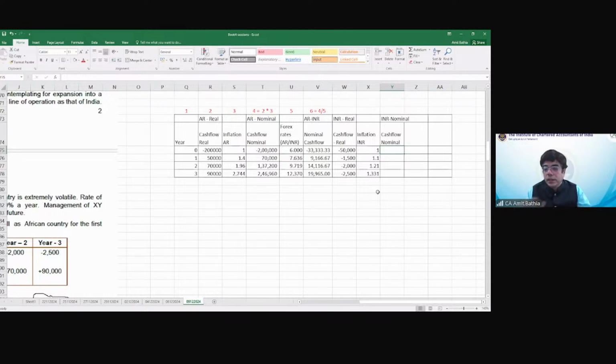So my inflation values are 1, 1.1, 1.21 and 1.331. What will be my nominal cash flow in INR terms? It will be cash flow real multiplied by inflation INR.